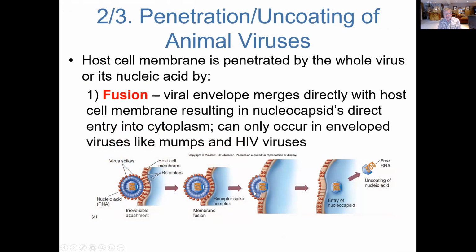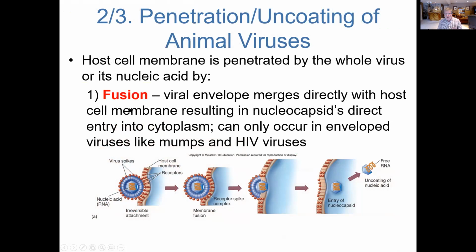And in this particular example called fusion, the outer envelope here becomes part of the cell membrane. And it is the nucleocapsid minus its envelope that's actually brought into the cell. Now, eventually, we're going to uncoat that, in step 3 or 4, and out pops the nucleic acid.